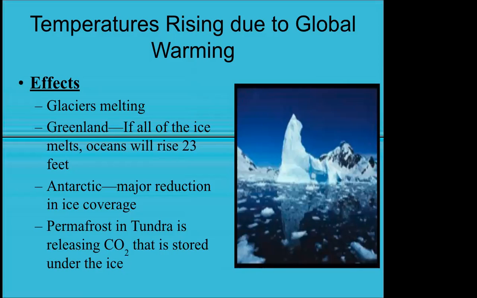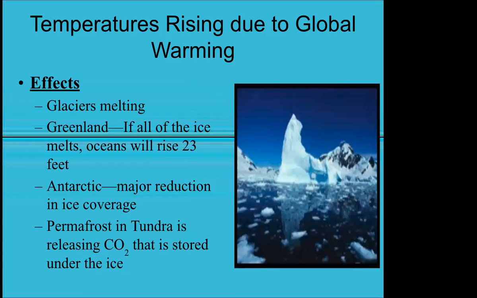It's gonna melt, okay? And then the permafrost in the tundra, which we talked about the tundra yesterday, is releasing CO2 that is stored under the ice. So now what's getting put into the atmosphere? More CO2, okay?